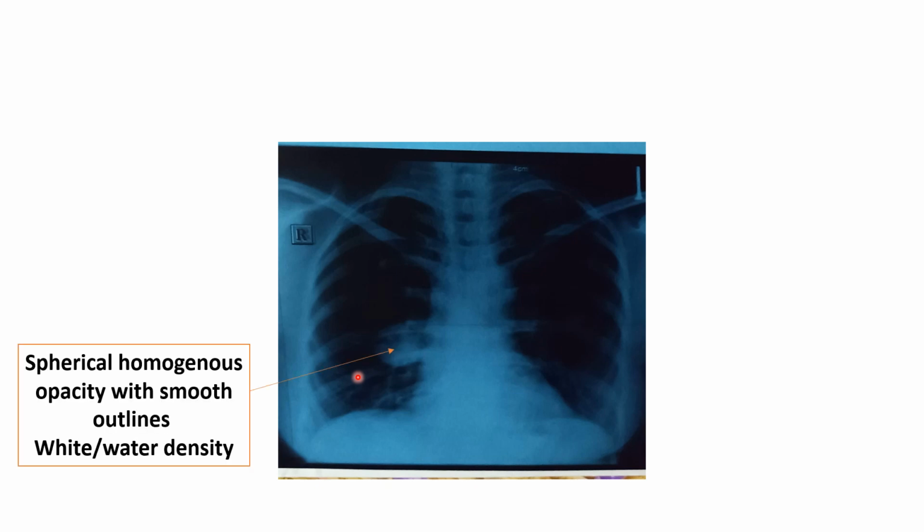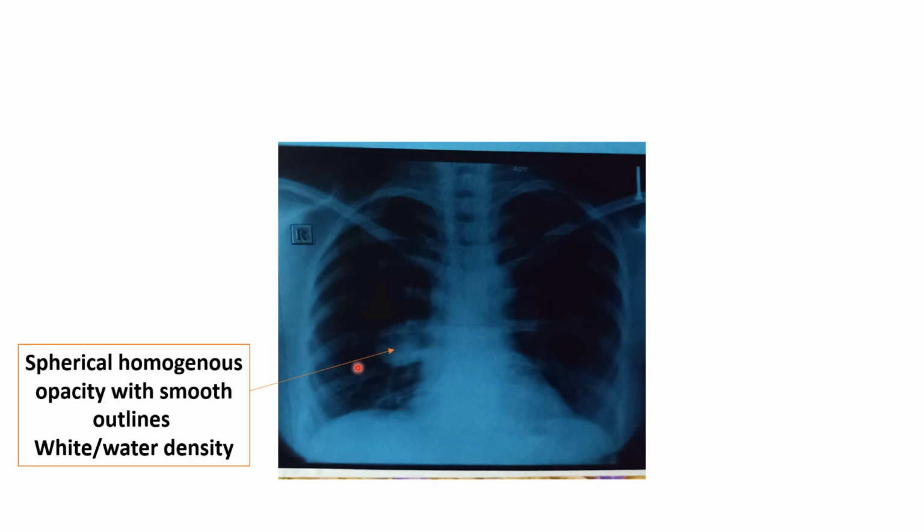So the differential diagnosis for such a kind of spherical homogeneous opacity with very smooth outline, which is just like an opaque, water-density, white opacity, can be either lung abscess or hydatid cyst.